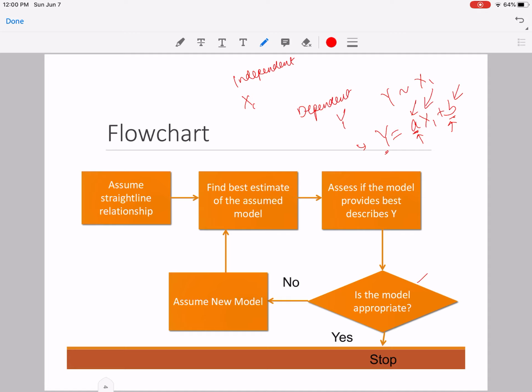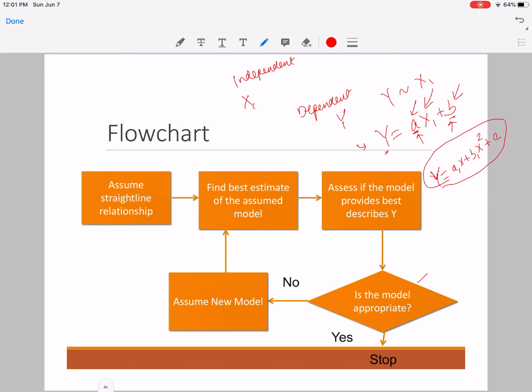Perhaps we are going to have some tweaks to this model. For example, I can introduce a squared term. So my new model will be a1x plus b1x squared plus c. Then I'm going to test if this model helps me explain this dependent variable y. If it does, then I'm going to stop. If not, then I'm going to go back.